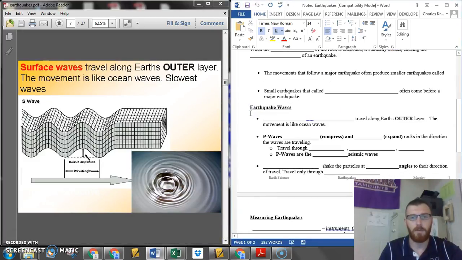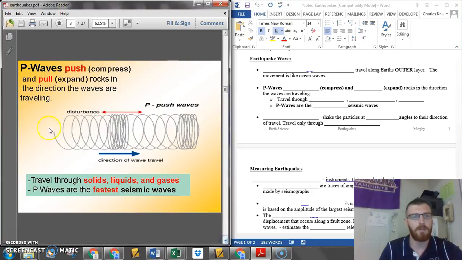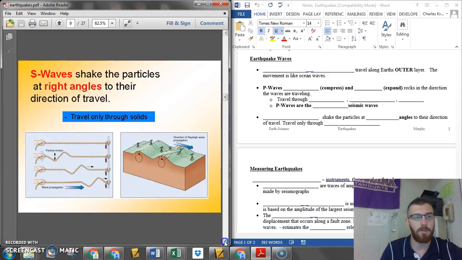Let's get into the types of waves here. Surface waves travel along Earth's outer layer, and the movement is kind of like waves on an ocean, and these are the slowest type of waves. We have P waves, or push waves, which act as a compression type of wave and push and expand the rocks in the direction that the wave is traveling. These can travel through solids, liquids, and gases, and P waves are the fastest seismic waves, so these will get to an indication spot before any other type of wave.